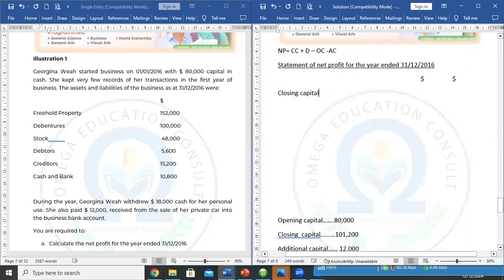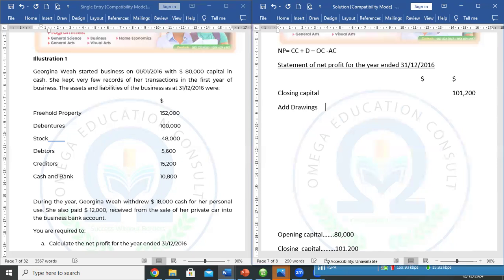So the closing capital comes first, 101,200. We add drawings as per the format, and drawings we know from the question to be 18,000. And then we less the following, which is your opening capital and the additional capital.